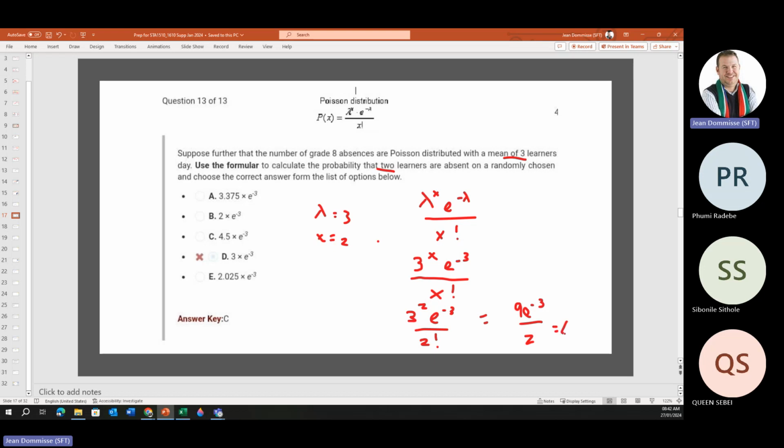So the final answer will be 9 divided by 2 is 4.5, e... no, minus 3. So 4.5 e minus 3.